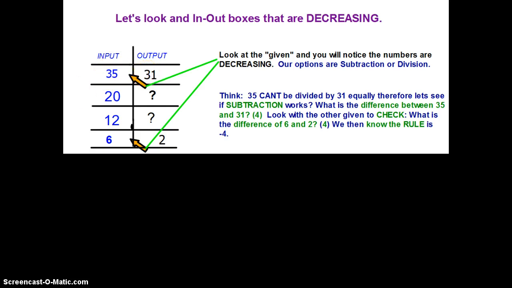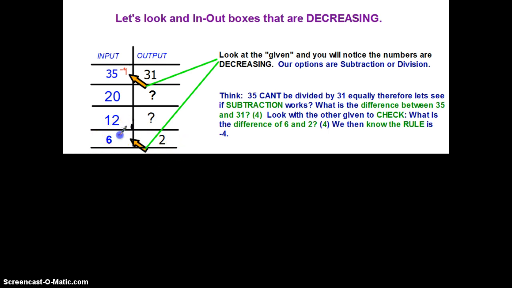So I'm going to try an easier one and try subtracting first. 35 subtract something should give me 31. Well, I know that 35 minus 4 should give me 31. So I see down here in the bottom of my input-output box I have 2 more numbers, so let's try that rule and see if it works.